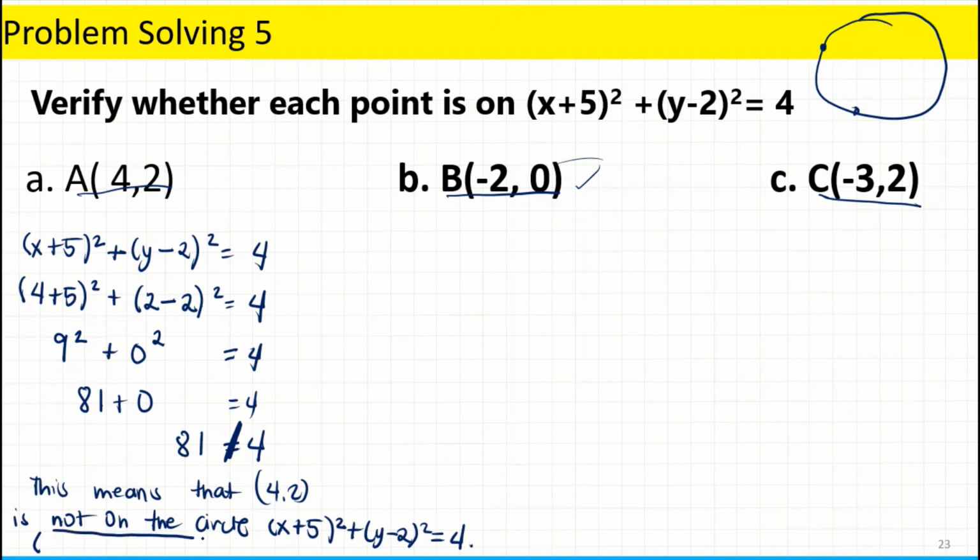Not on the circle. Okay, next, let us try letter B. Point B, negative 2, 0.